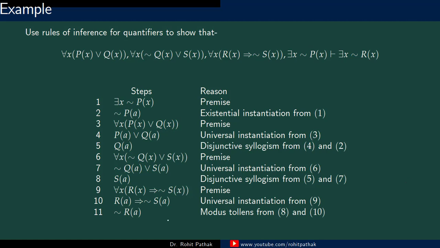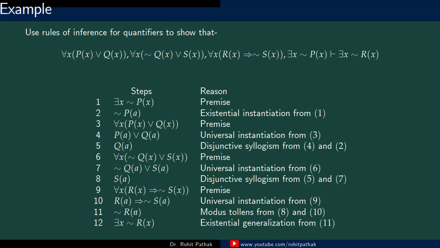Then modus tollens from 8 and 9, which says p implies negation q; the conclusion is negation p. So sa and ra implies negation sa will give the conclusion negation ra, by using modus tollens.